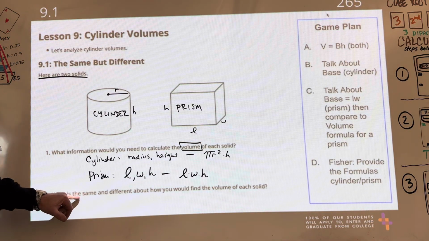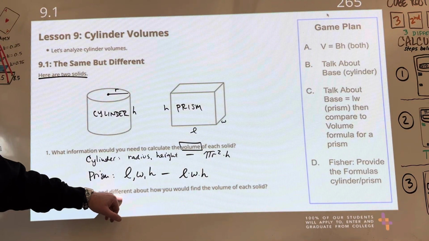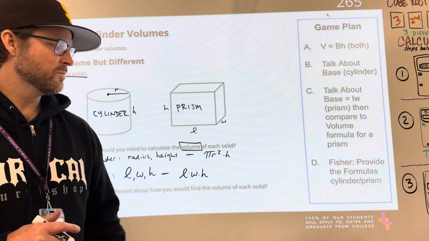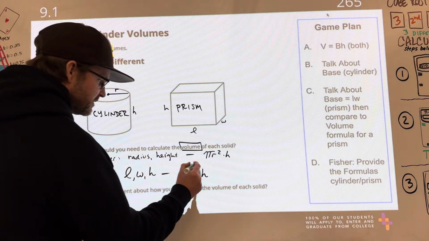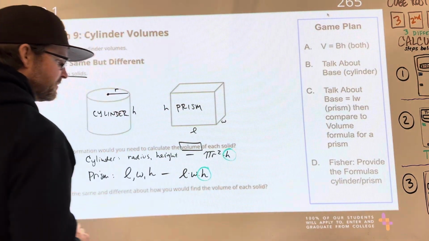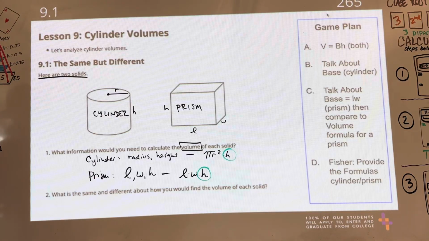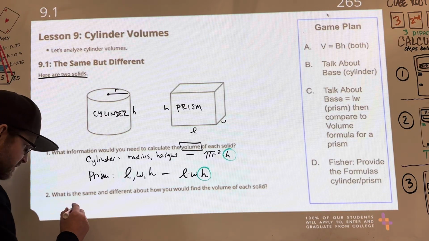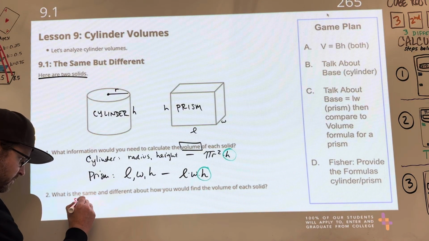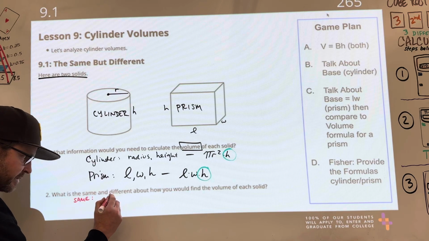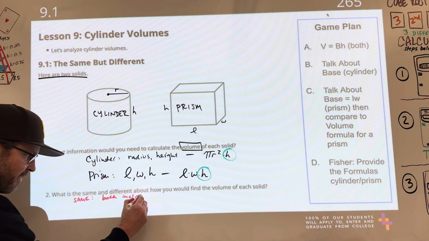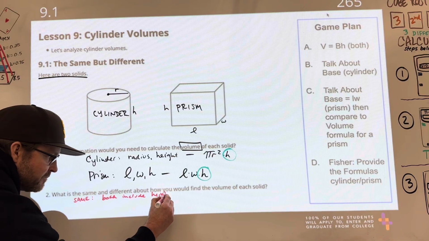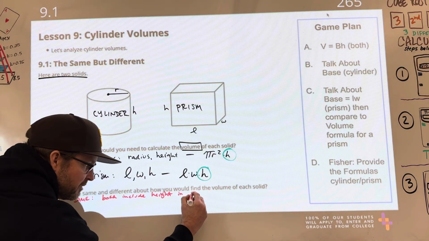Okay, what is the same and different about how you would find the volume of each solid? So the first thing that jumps out to me is they both have height. So the same, they both include the height in the volume formula.